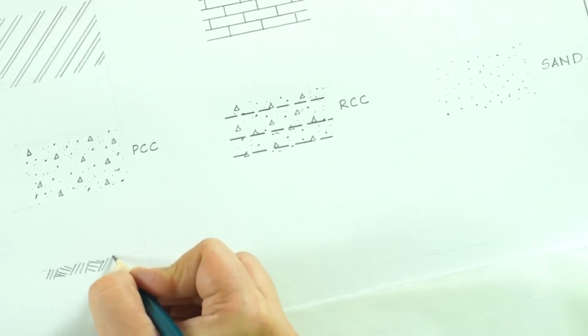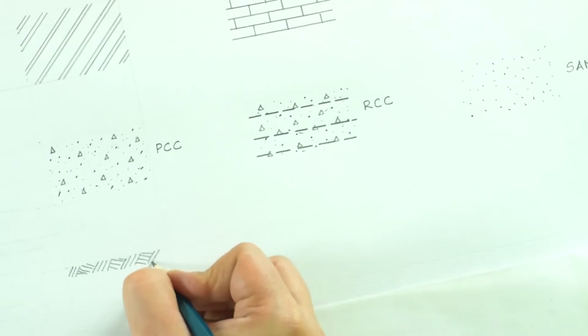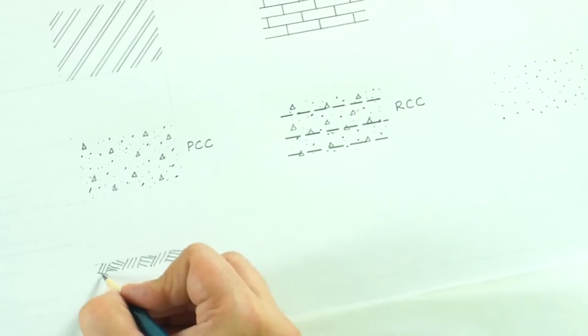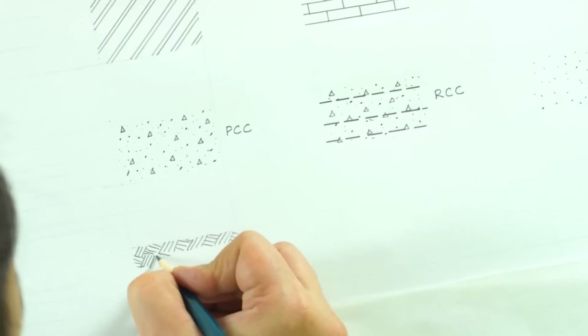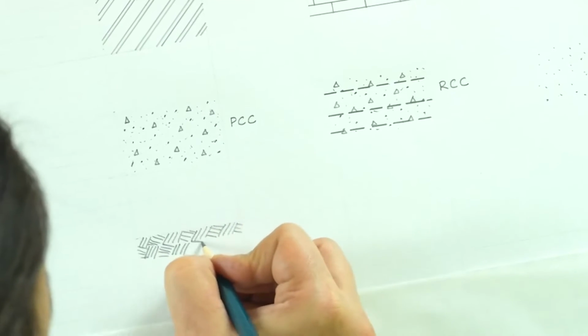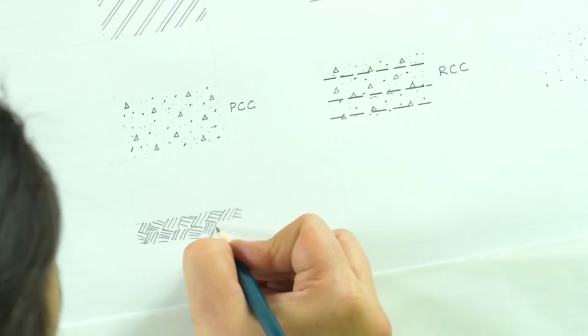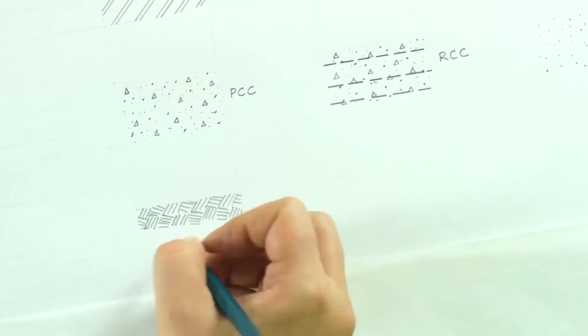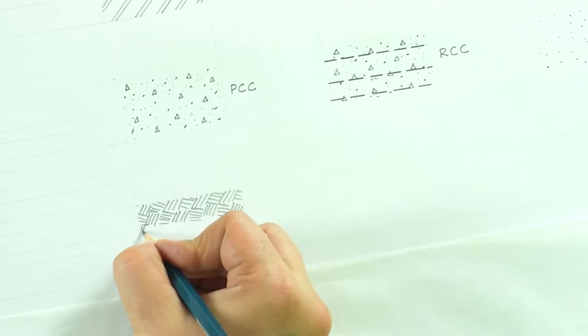You have a hatch pattern which goes in different directions. So, we fill it up like this, and this is the representation for rammed earth.